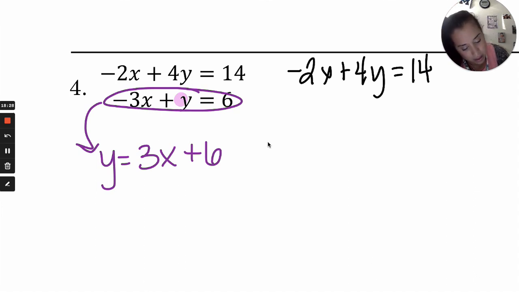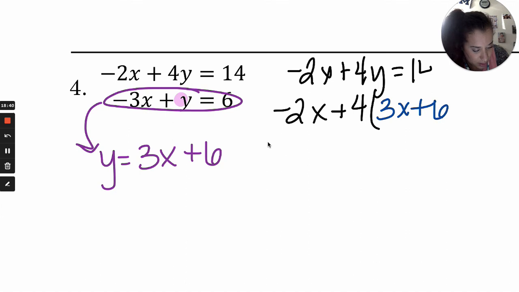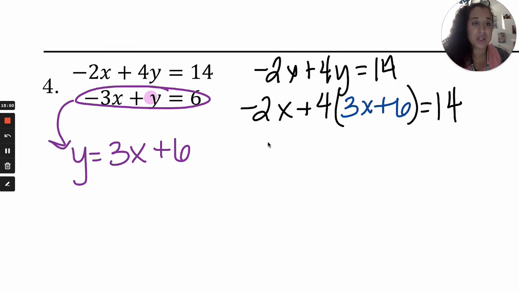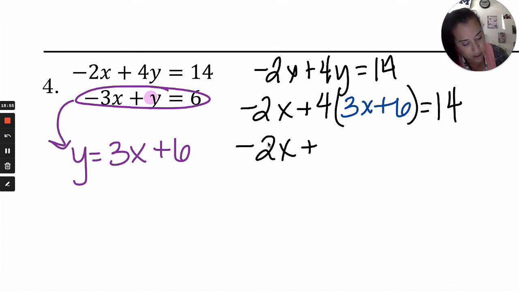It's going to take the place of the y, so we have negative 2x plus 4 times parentheses 3x plus 6, equals 14. Okay, so we distribute. We have a negative 2x, that doesn't change, plus 4 times 3x is 12x, 4 times 6 is 24.